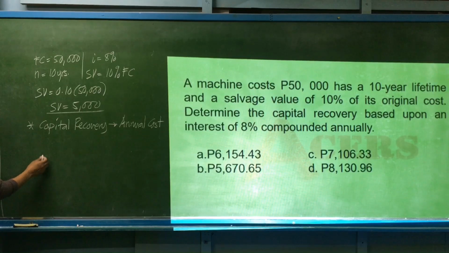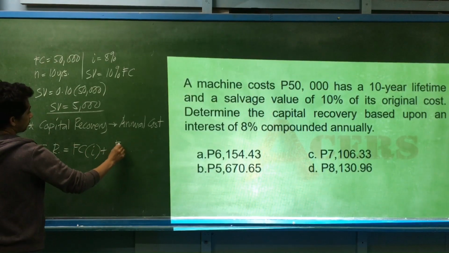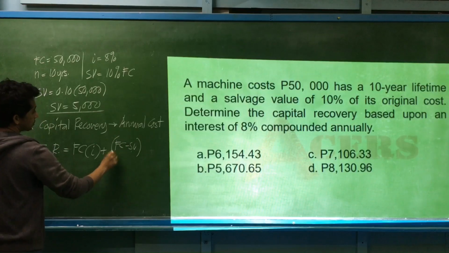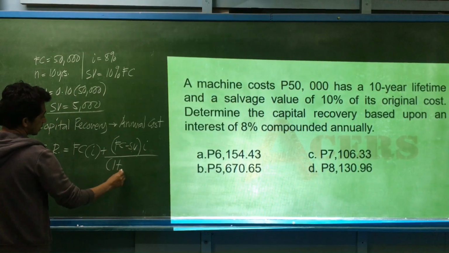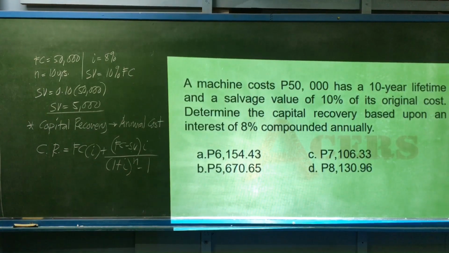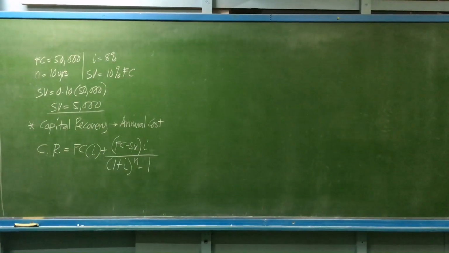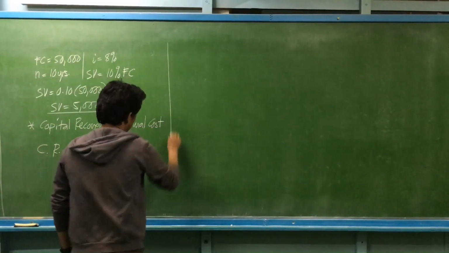So, yung value na to, let's say capital recovery is equal to, this is the first cost multiplied by I plus, first cost minus salvage value times I, this is divided by 1 plus I raised to n minus 1. Okay, so yun yung formula na ginamit natin kanina sa annual cost.